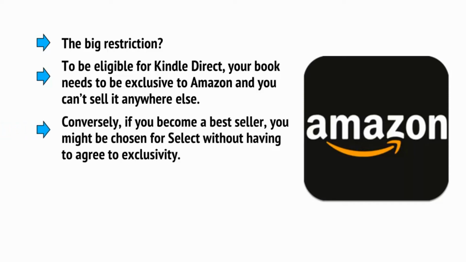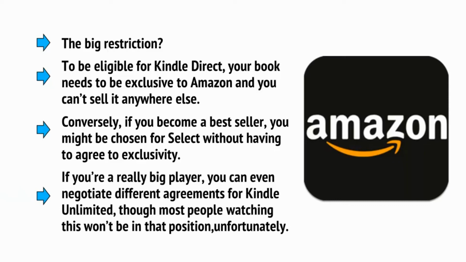Conversely, if you become a bestseller, you might be chosen for Select without having to agree to exclusivity. If you're a really big player, you can even negotiate different agreements for Kindle Unlimited, although most people watching this won't be in that position, unfortunately.